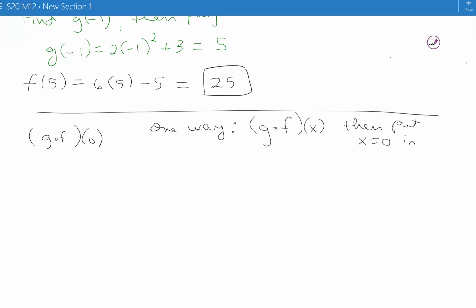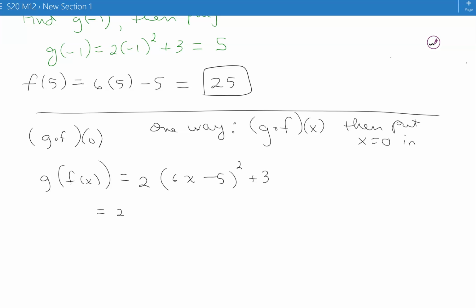So I want to do it that way first. I'm going to write it in this other notation that still reads g of f of x. But to me, this is clearer. This is a function of a function. So this says, put the f function into the g function. Everywhere you see an x, instead, put the function f.